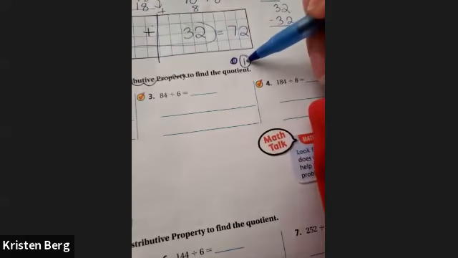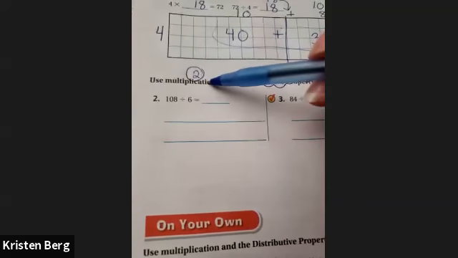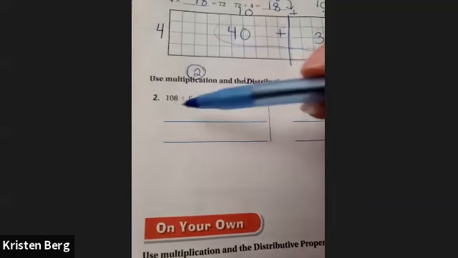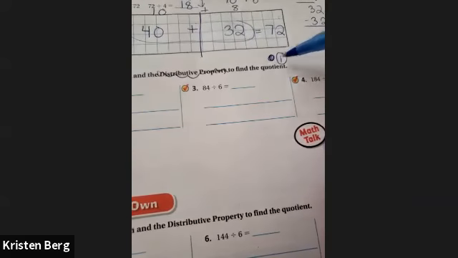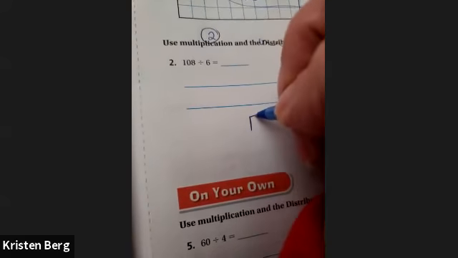And that's why you're probably confused as to why I numbered it twice, because I want you to find the quotient first. Then it will be easier to find multiplication facts off of those numbers once you divide first. And that is the only thing I want you to do. I do not want you to do distributive property at all. So we are going to first do the division right down here.